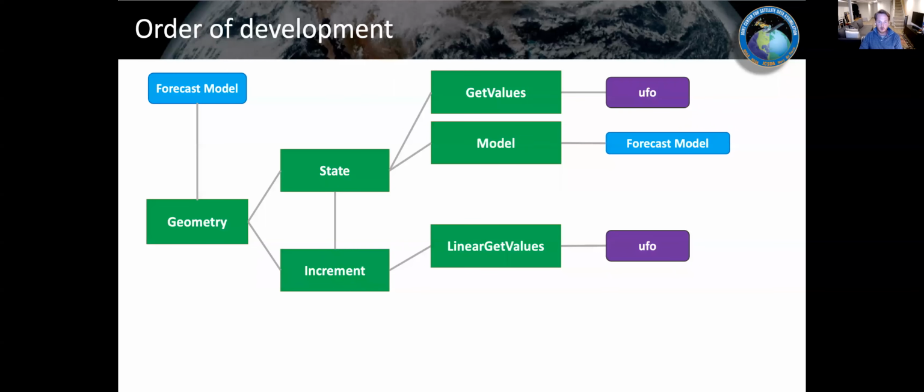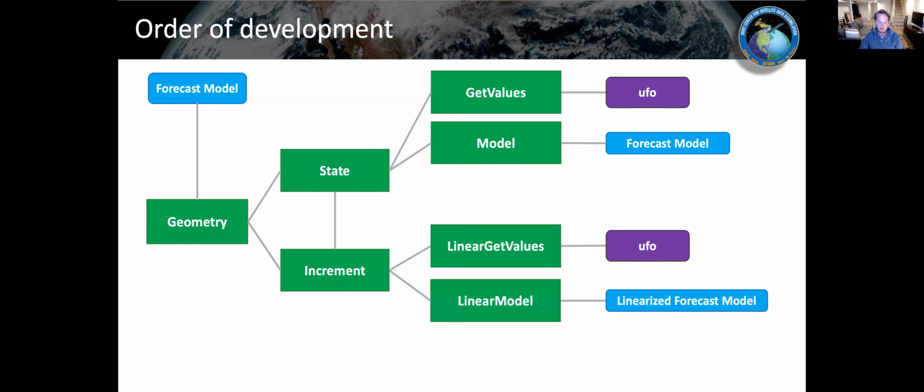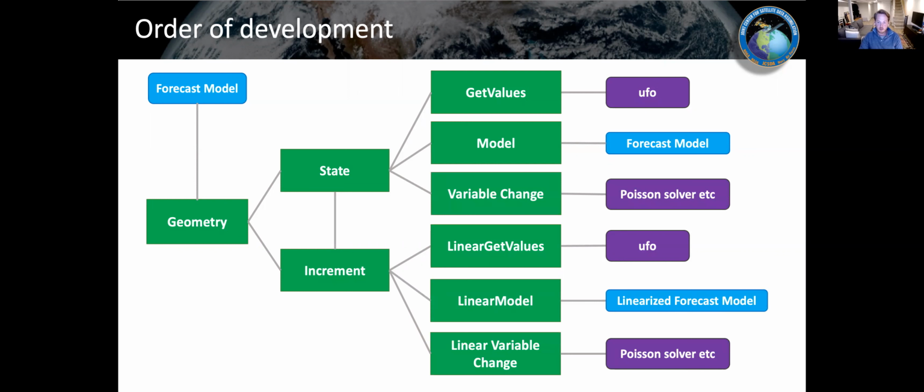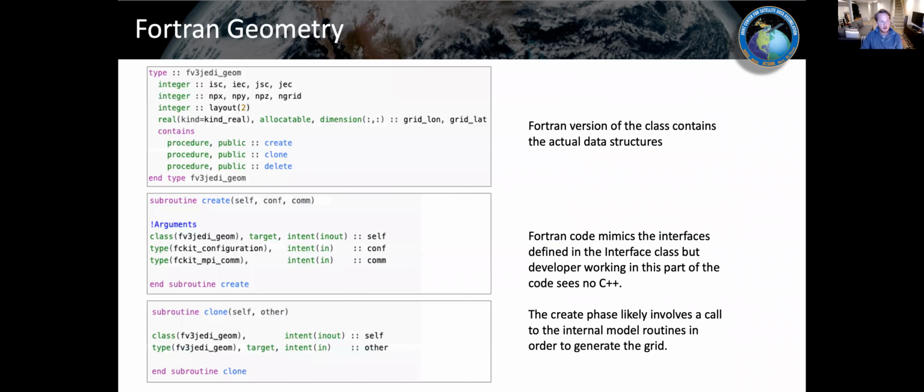Then you might add the forecast model to get 4D of x or 3D FCAT, and then the linear model, and then the variable changes, which would let you do more complicated things like use the Poisson solver to use sine chi variables in your B matrix or something like that, or just to make things a lot more efficient. So that's the bulk of what you need to work on and the general order that you might work on it in.